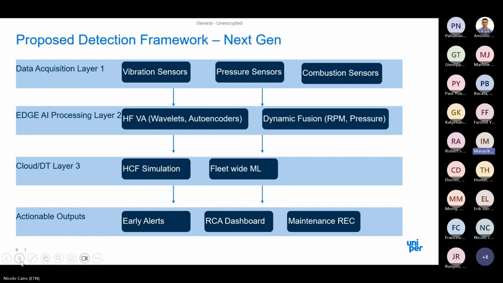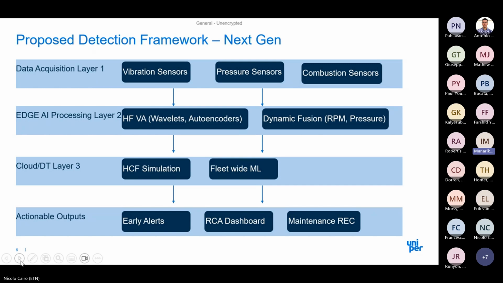Okay, so this is the framework that I think could be a good strategy to tackle this type of failures. Before we dive into the framework, I'd like to briefly talk through this. As a part of this working group's objective to shape the future of gas turbines condition monitoring, particularly around vibration and combustion, this framework could be used for future development.